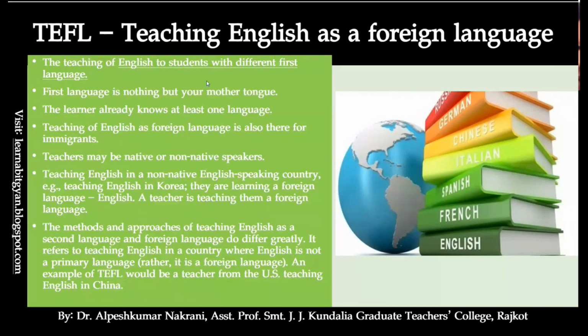Now, how did you decide that these languages are foreign for you? Because these languages are not related to your country. They are related to other countries, isn't it? Yes, sir. Right? So, foreign languages are the languages of foreign countries.